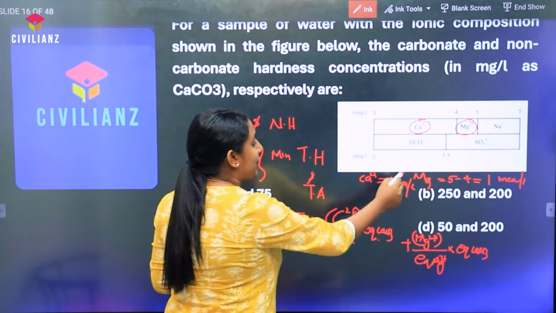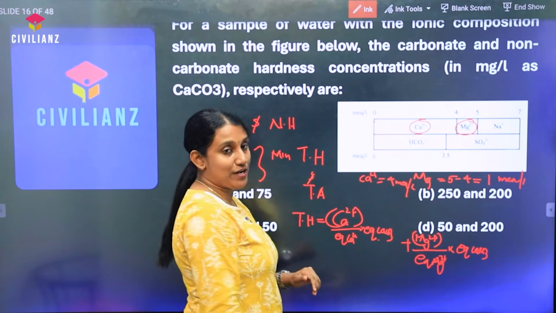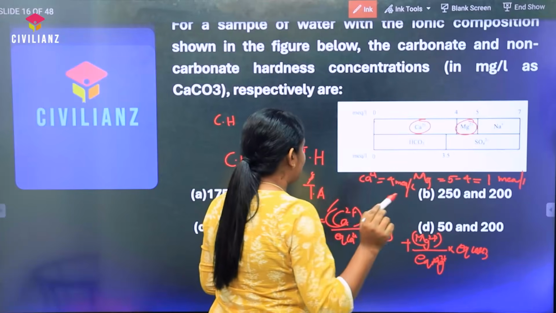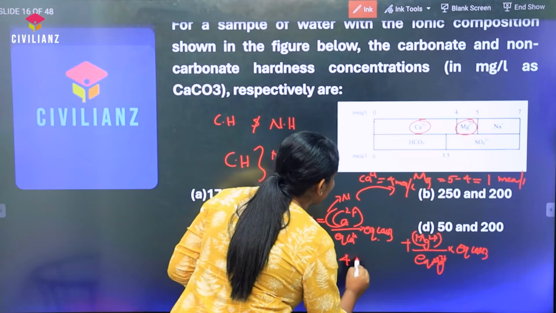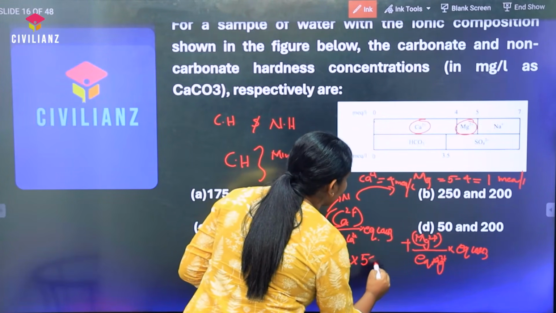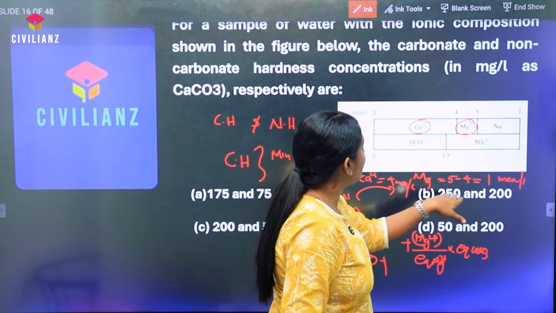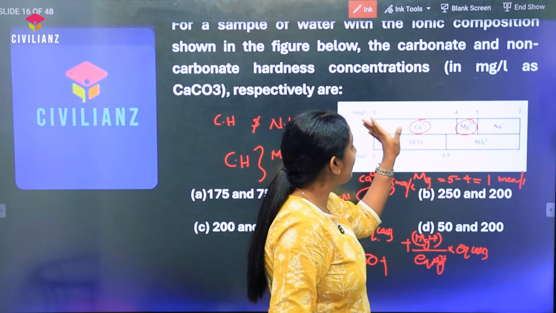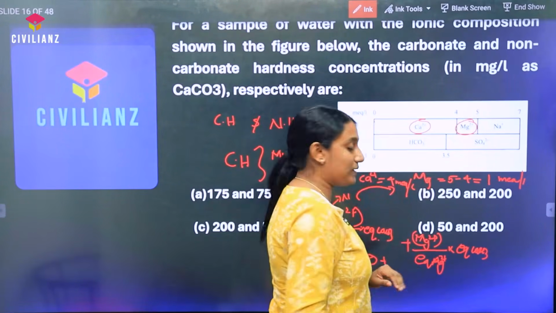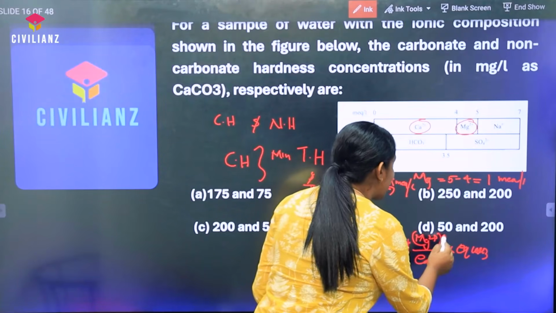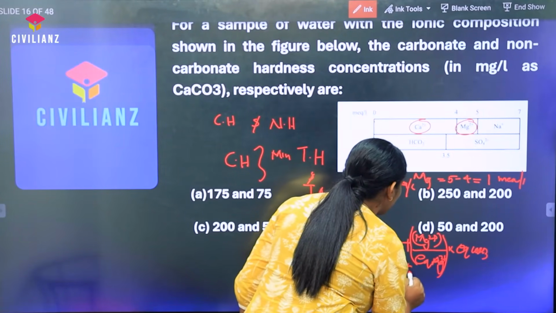Milliequivalent per liter is the concentration of Ca2+ divided by the equivalent weight of Ca2+. That's the normality value. So that is equal to 4, that is 4 into the equivalent weight of CaCO3, 50, plus the Mg2+ value, which in the figure is 1 milliequivalent per liter, so 1 into 50.